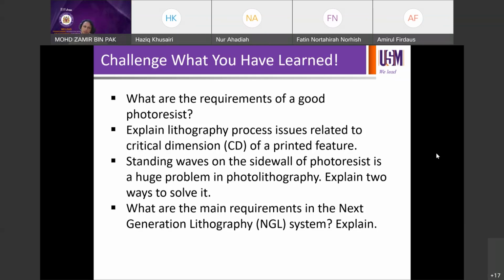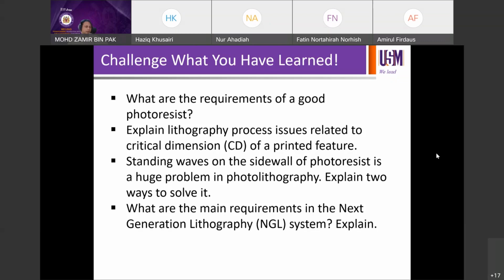Solution number two. Anyone? How do you solve the standing wave issue? What else can you do other than ARC or BARC?